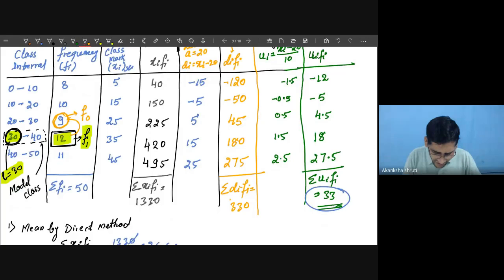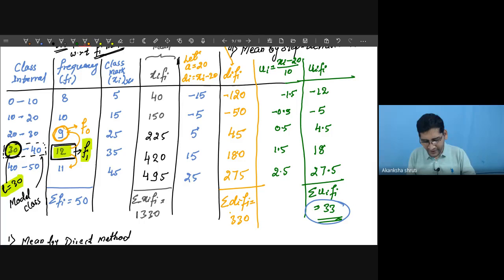And going one step ahead means the frequency of the class succeeding the model class. After this 12, the number need not be lesser or greater, don't worry. It is not about numbers like 11 just before or after this 12. It is simply that you have to observe the frequency along with the model class, their frequency.